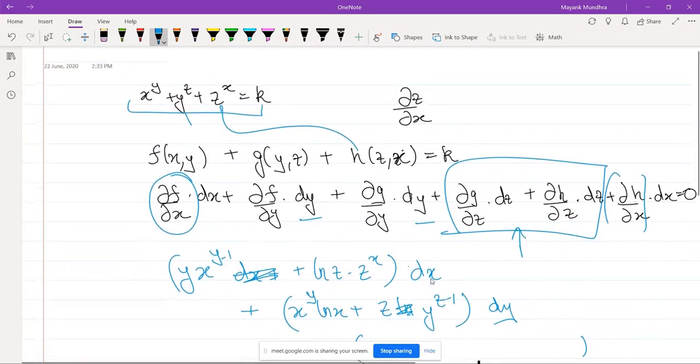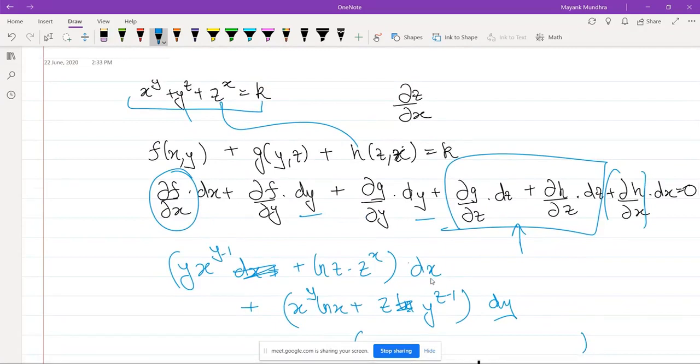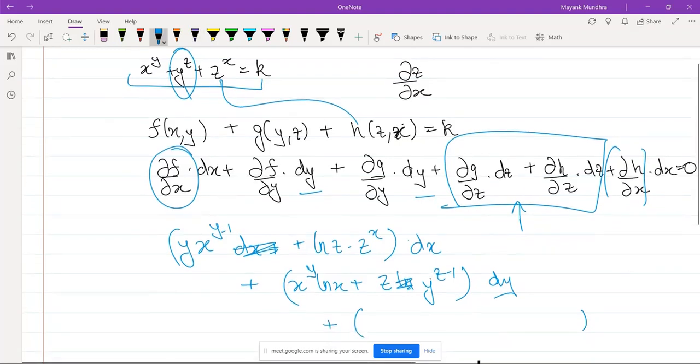Del g by del z. So that's going to be ln y into y to power z, plus del h by del z.